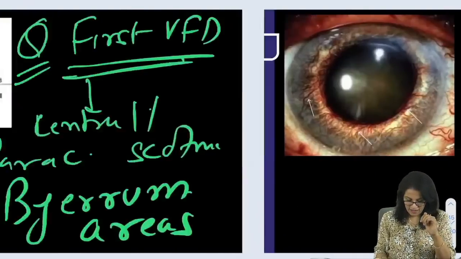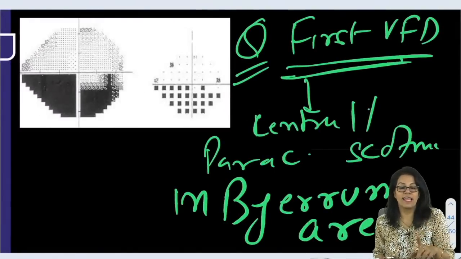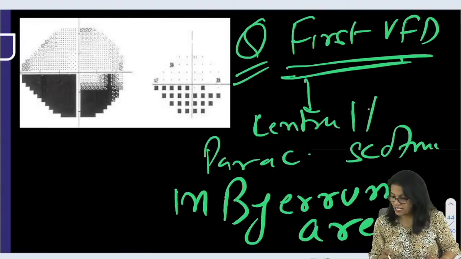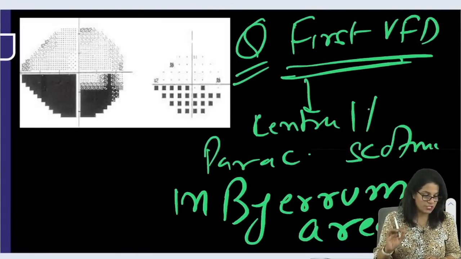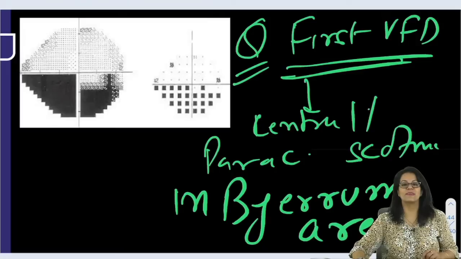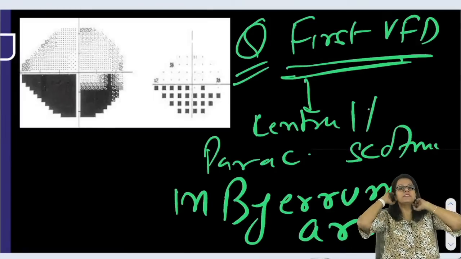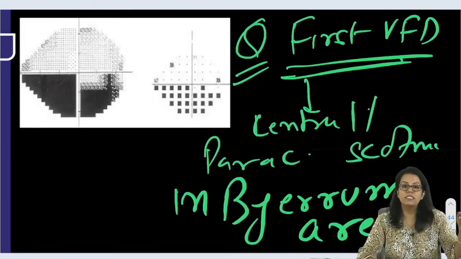One more thing before I go to the next slide. Which is the last island of vision which is left behind? Answer me this as well quickly. Last island of vision. These details of visual field defect have again been taken in the NEET PG session.